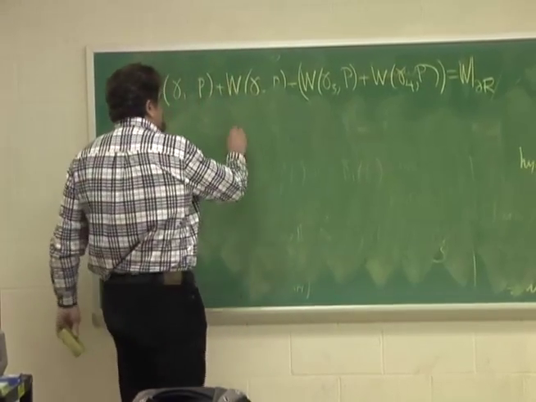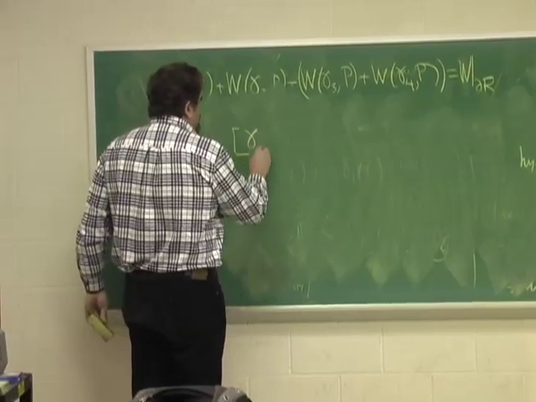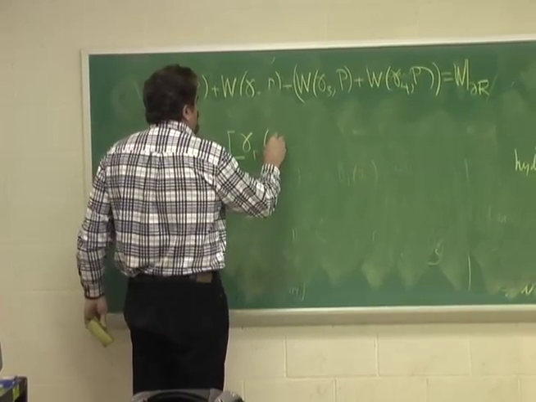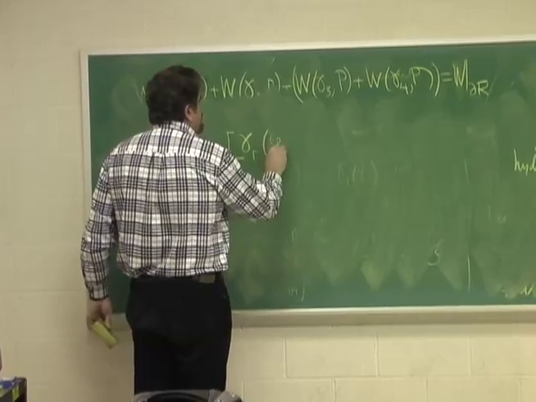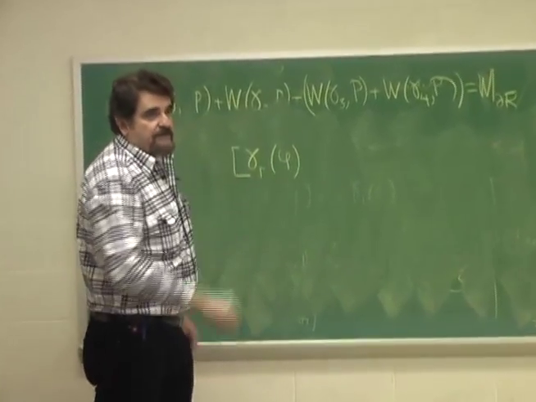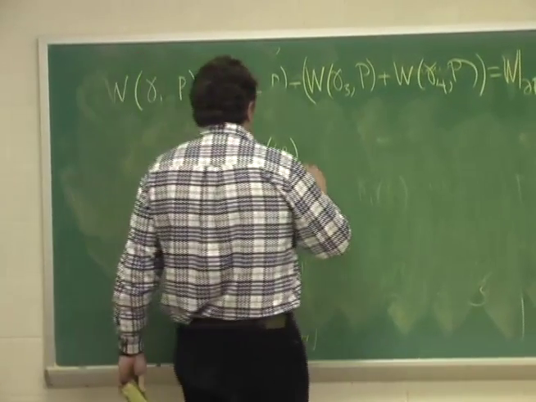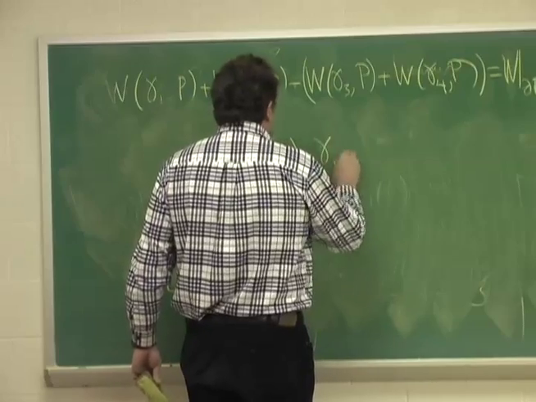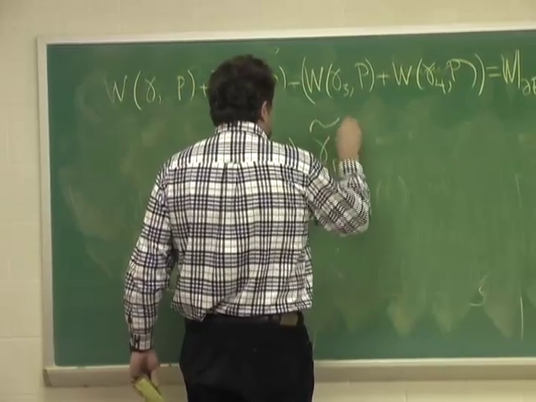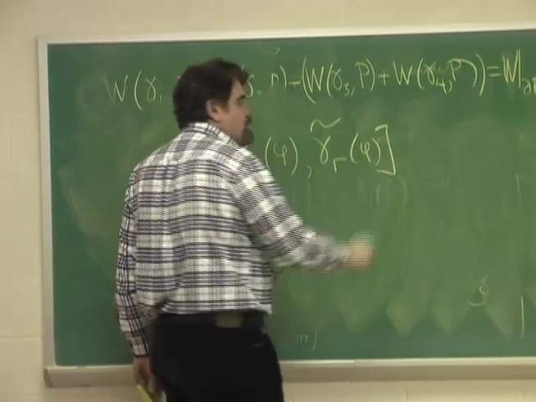I need to consider gamma r of, say, phi. The parameter along a curve is phi, correct? And gamma r of phi.